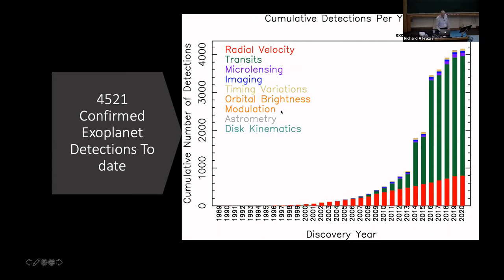So red is the radial velocity method, and we can see that up until about a decade ago, most of the planets were found with the radial velocity method. Now, starting about 10 years ago, the transits, the green, started becoming a more productive method for finding the exoplanets.